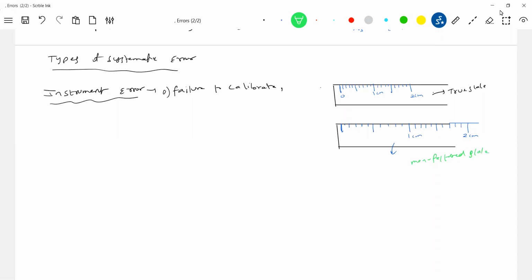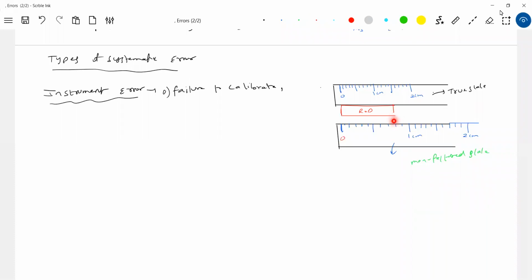Is there any error? Yes, definitely. What is the error? Will it read more or less? It will read less. If you take an object, suppose there's a rod, you keep it here. The length of the rod you want to measure using this scale reads 1.5 centimeter. Am I right? Then how much will your scale read?